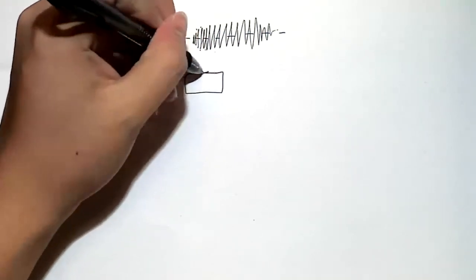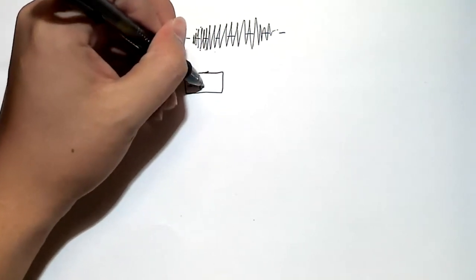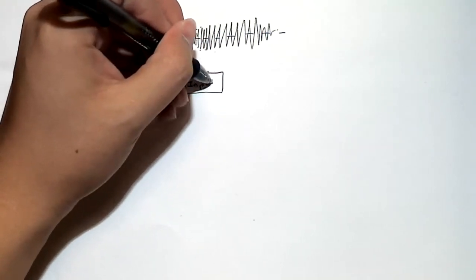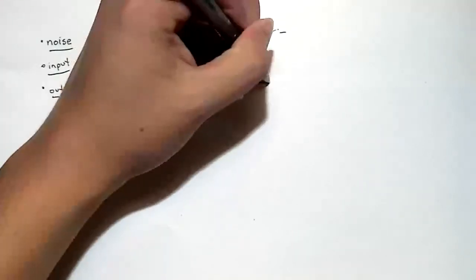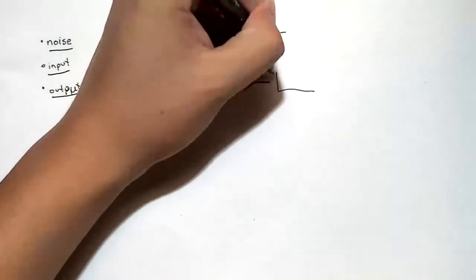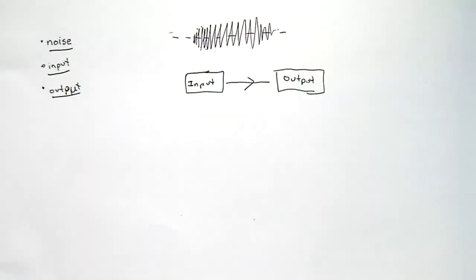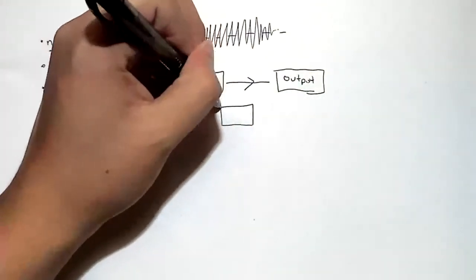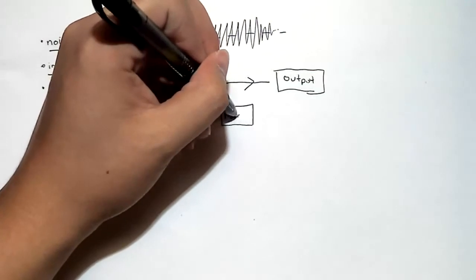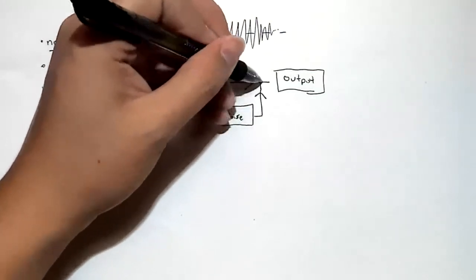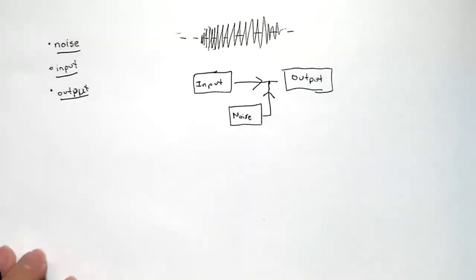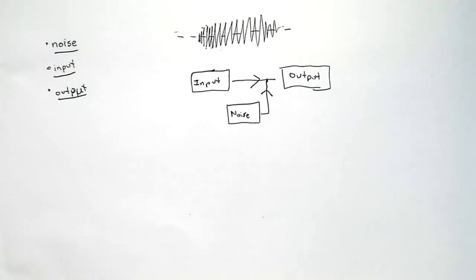We have an input, which is stuff that we can control, voltage, current, geometry, and the idea would be to get output from that input. However, we're going to have noise that's going to affect our measurements. So our output will actually be a function of input and noise.